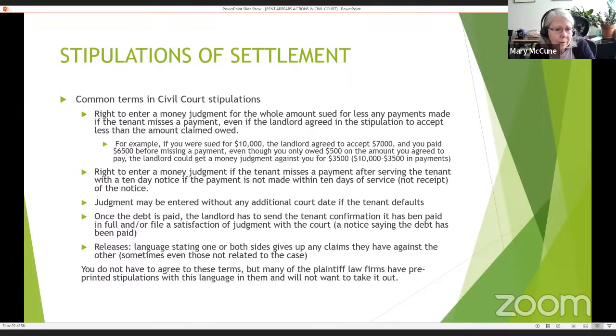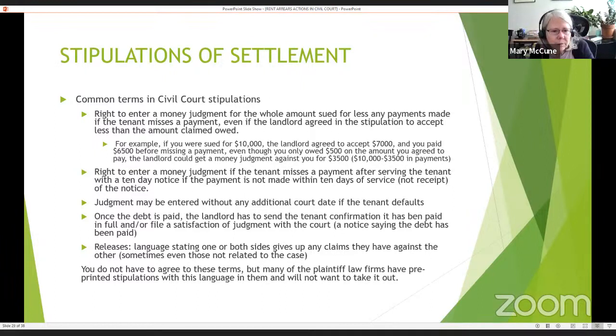And in housing court, you would be done, right? It would say, okay, you're going to pay $7,000, you're done. That's usually how it would work in housing court. But in civil court, they include language that if you don't make the payments you've agreed to on time, they can revert the amount you owe back to the original amount you were sued for and collect that amount, entering a judgment for that amount less any payments you made.